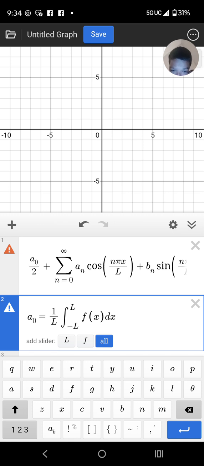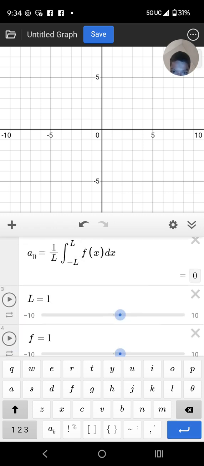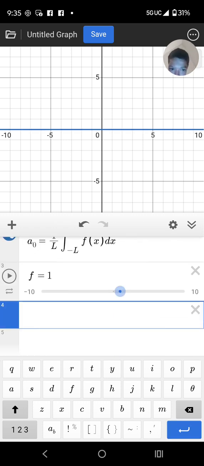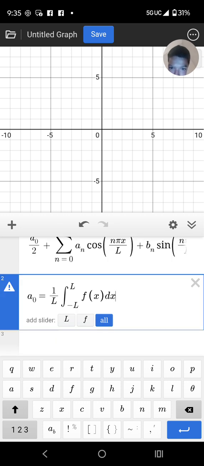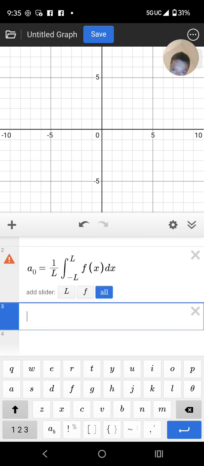You see x in the Fourier series? Here's the formula for that. L is the period. There are a few functions for L equals pi, but I'm not going to do that.